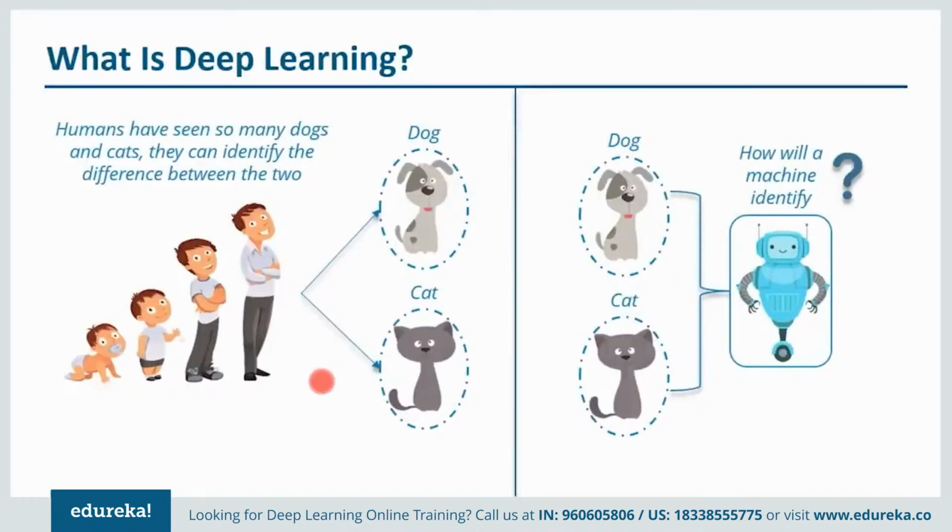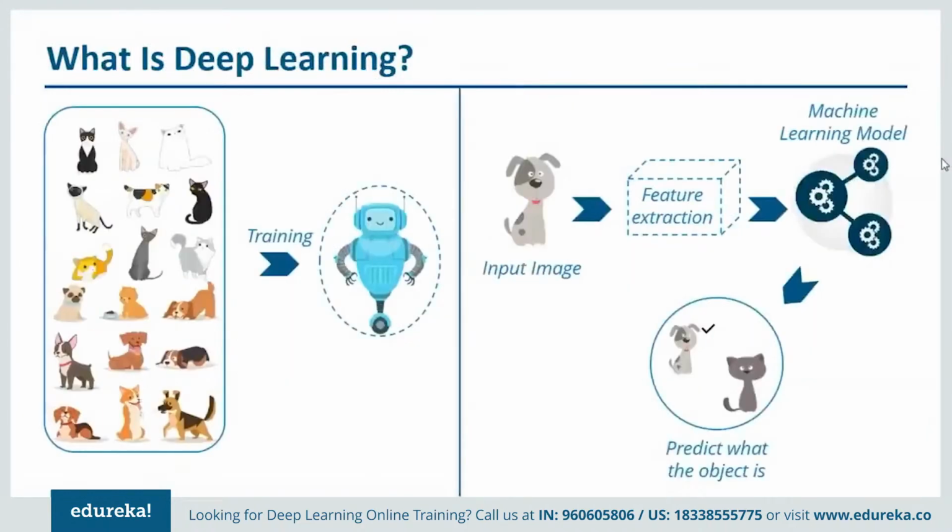But what if I want a machine to do that task for me? So how will a machine identify whether the given image is of a dog or a cat? So one way of doing that is we can train our machine on a lot of images of different cats and dogs, that is different breeds of cats and dogs. And then once our training is done, we can provide it with an input image.